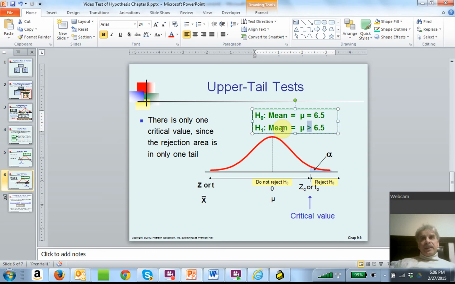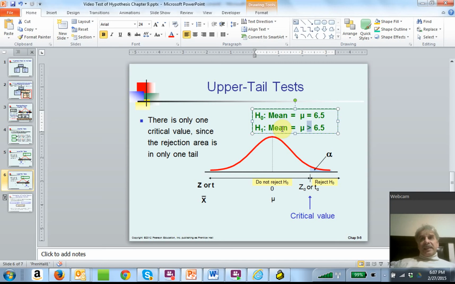And the fourth important thing is deciding if you have a one tail or two tail. Again, you have to read the problem and see what the problem wants to establish. If the problem wants to establish that the mean is different from, right away you know the alternative should be not equal. And that implies in chapter 9 and chapter 10 that you need to divide alpha by 2.